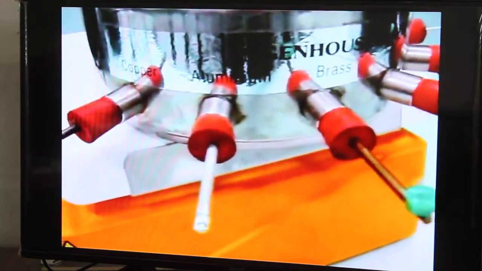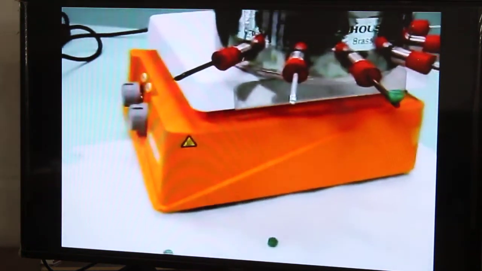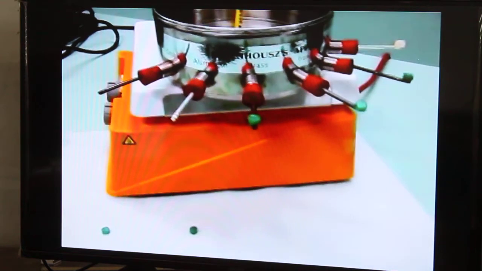The wax from the copper rod dropped first, followed by the wax on the aluminum rod. Why? Let's move on to part 2 of our experiment.